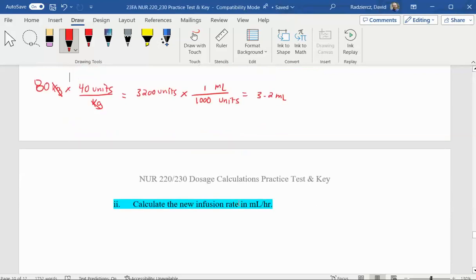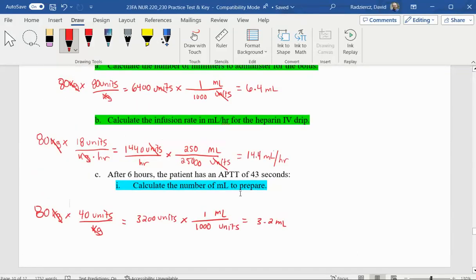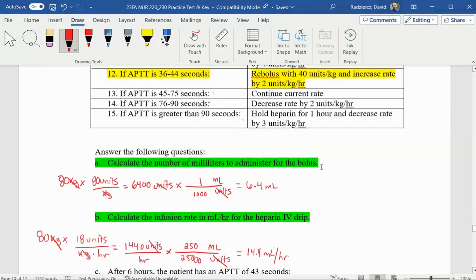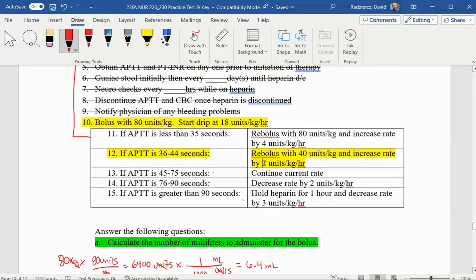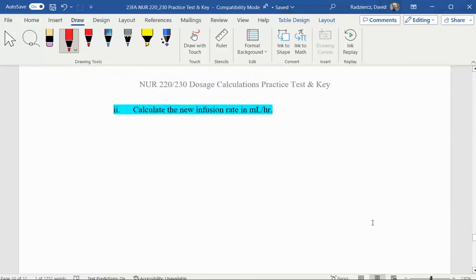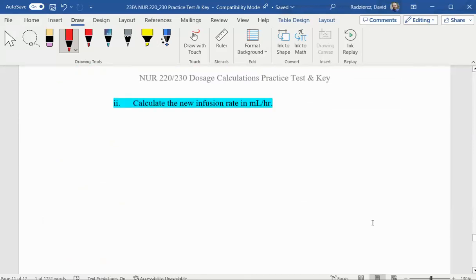What about the new infusion rate? Our initial infusion rate was 18 units per kilogram per hour. For the new infusion rate, we need to increase that by 2 units per kilogram per hour. So 18 plus 2 is 20 units per kilogram per hour. Same patient, same weight, new infusion.